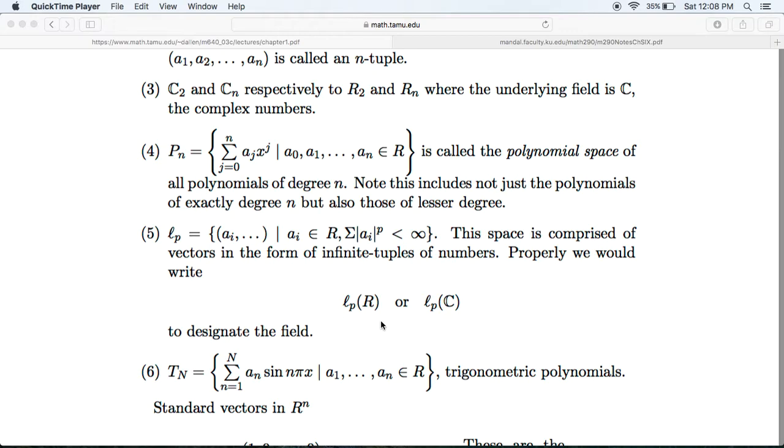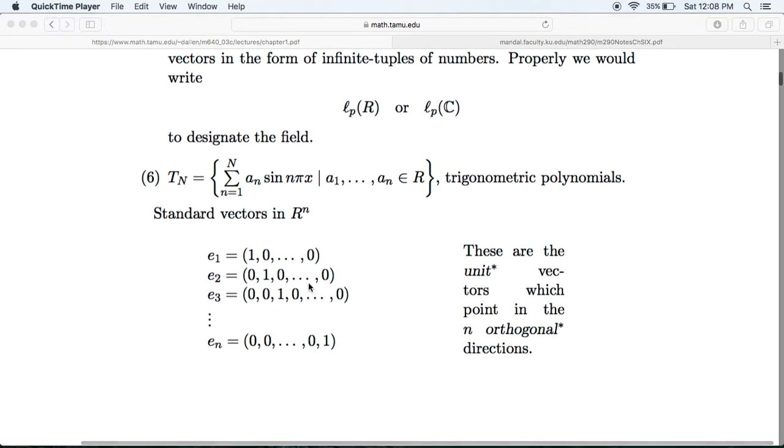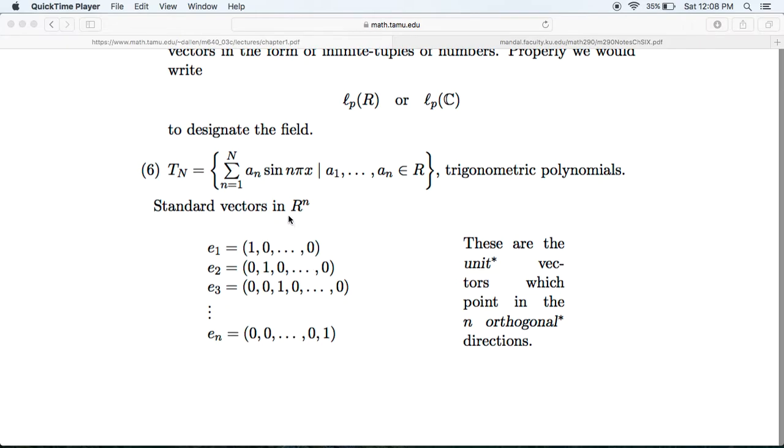These can specifically be called L^p(R) or L^p(C) depending upon the entries in the tuples. And there also exists something called trigonometric polynomials, which is of this form.